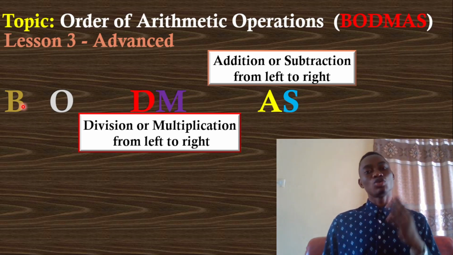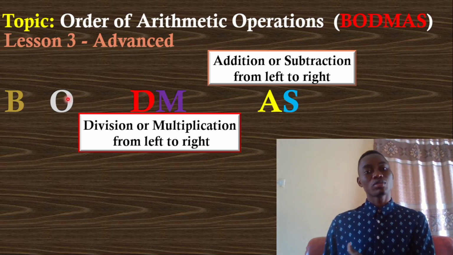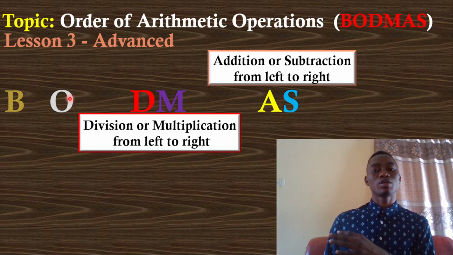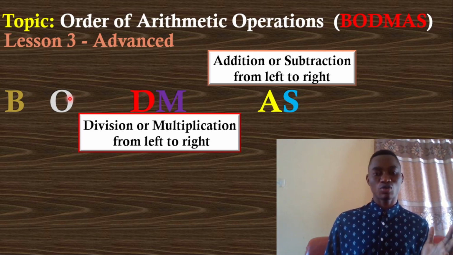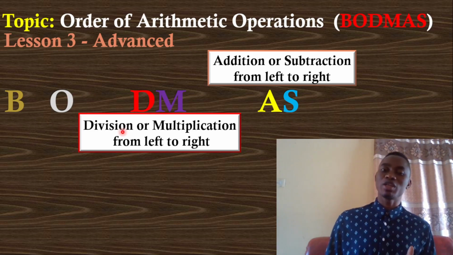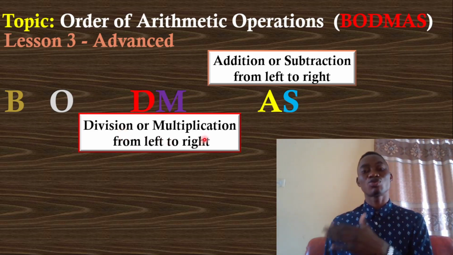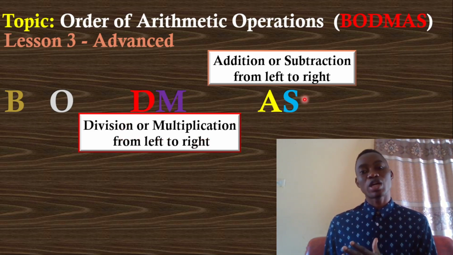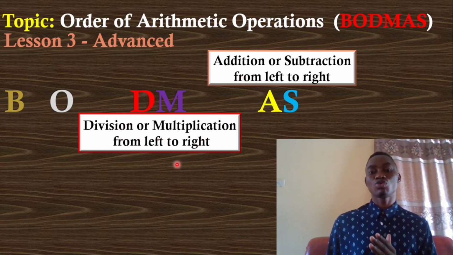That is, you consider your bracket first, then followed by orders. Orders include roots and powers. Then followed by division or multiplication from left to right, and lastly addition or subtraction from left to right.